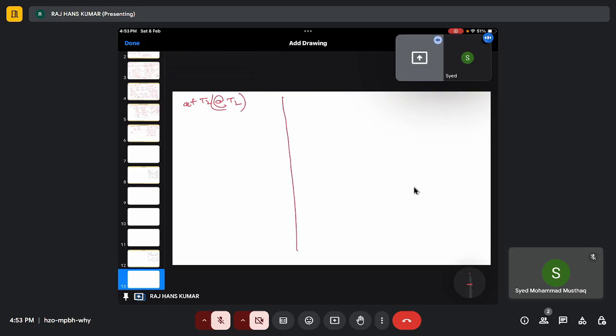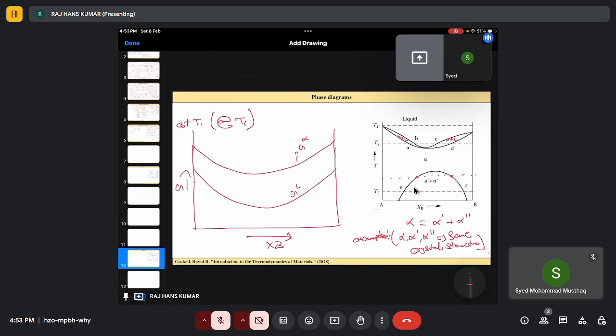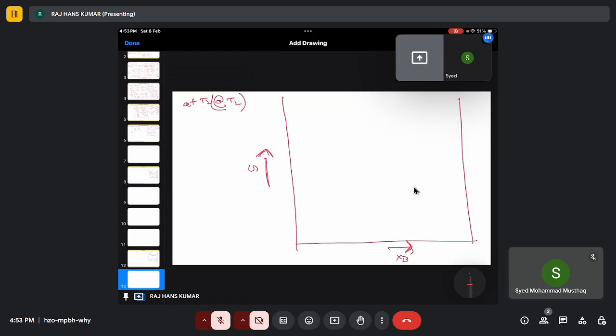This is G versus XB. Okay, so at T2, at first the liquid is stable.